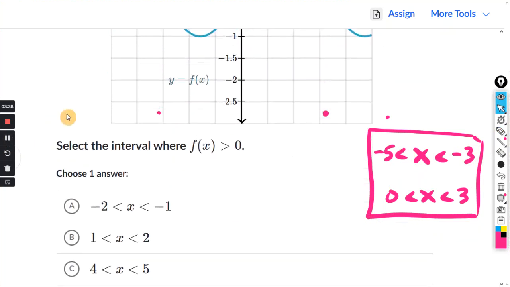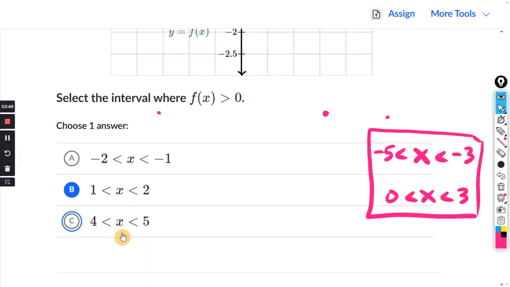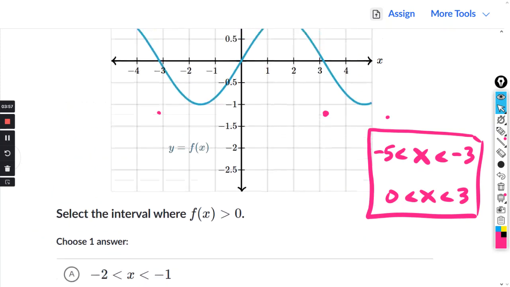So only one answer. -2 and -1 does not fall in here. 1 and 2, yes, 1 and 2 falls between 0 and 3. 4 and 5 does not. If you want to double check on the graph, check the x values between 1 and 2. Let's go to the graph.